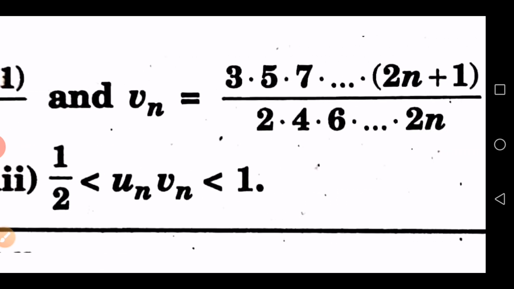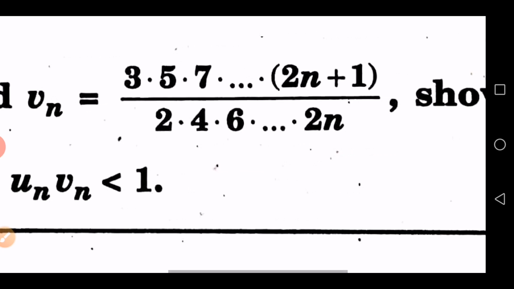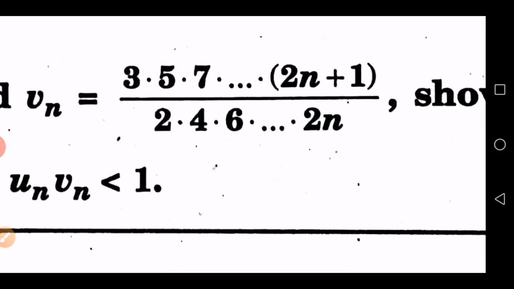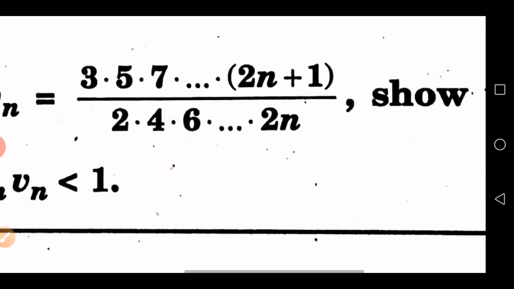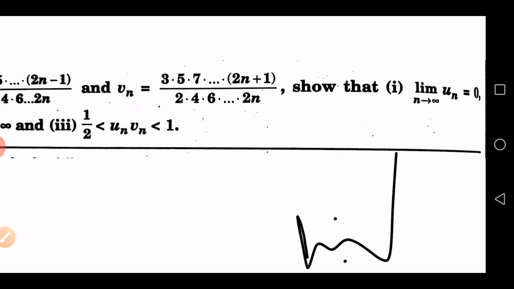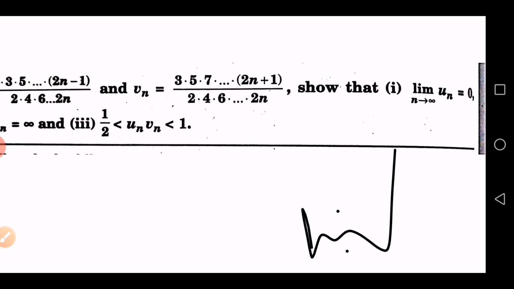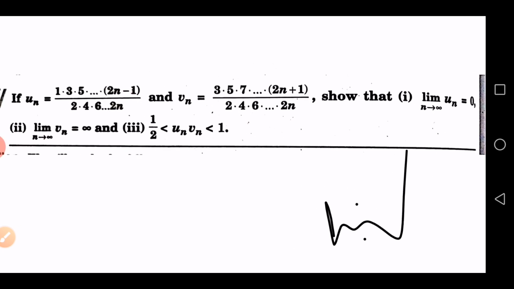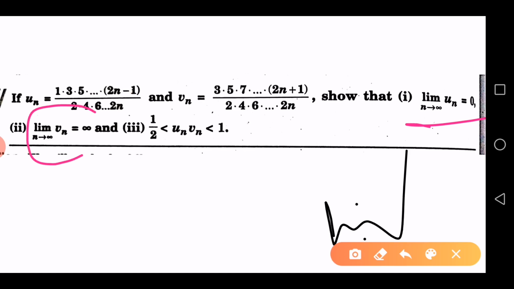And another sequence, vn equal to 3 into 5 into 7 dot dot dot 2n plus 1 divided by 2 into 4 into 6 up to 2n. We are required to show three things: first, limit un equal to 0, limit vn equal to infinity, and half less than un into vn less than 1.